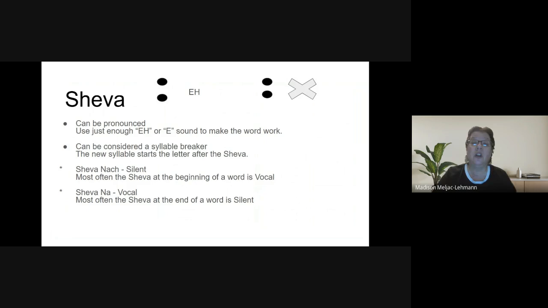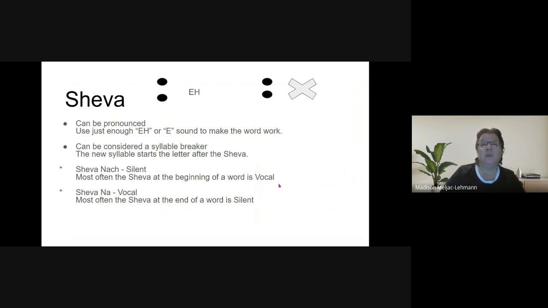So this is another couple of rules you might want to write down if you have a rules notebook or a portion of your notes where you put the rules. Because when we start to syllable break words, you will see that you need to know if there's a Shiva or not, and where the syllables break. The technical term, if somebody wants to know, is Shiva nak for the silent one.